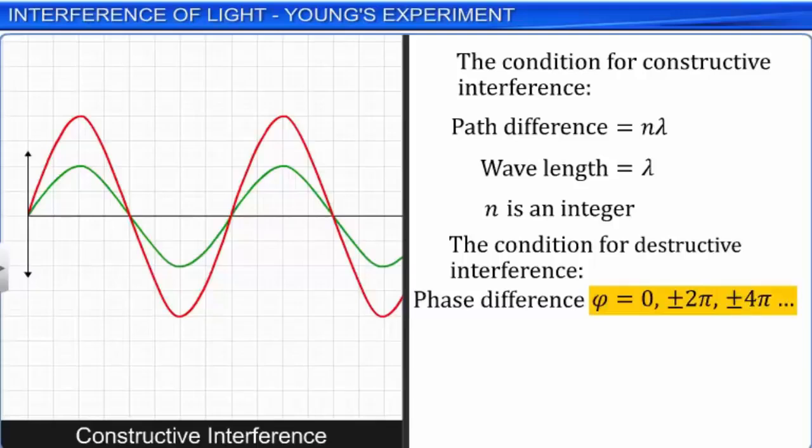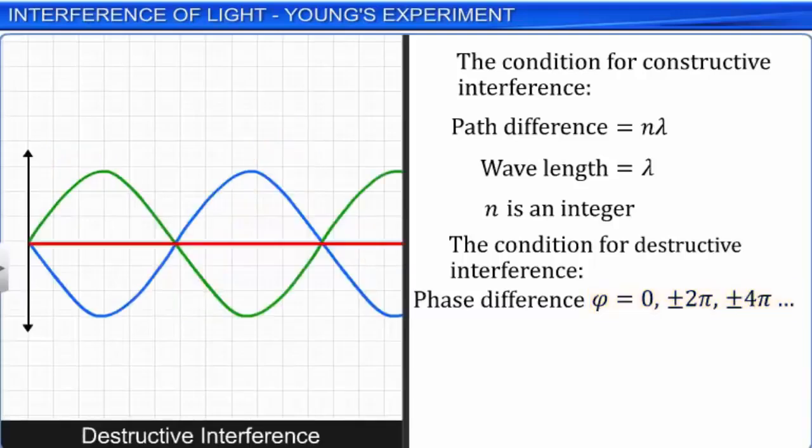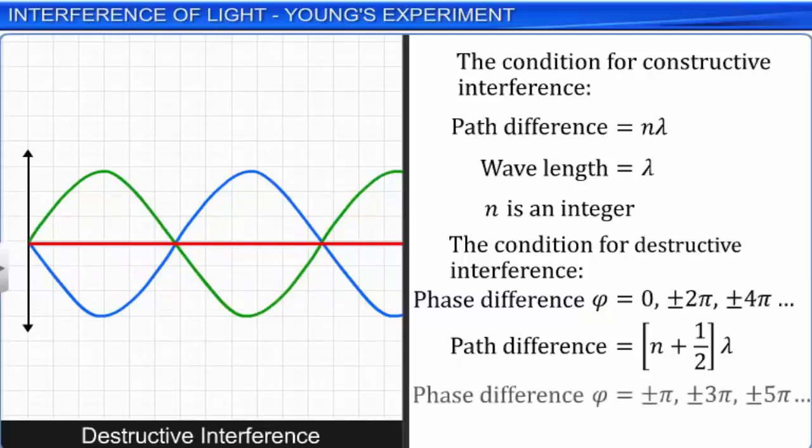For destructive interference, either the path difference is equal to (n plus half) into lambda or the phase difference phi is equal to plus or minus pi or plus or minus 3 pi and so on.